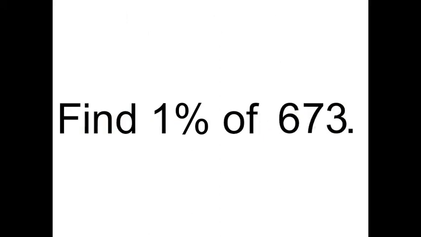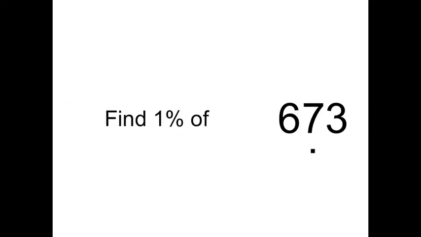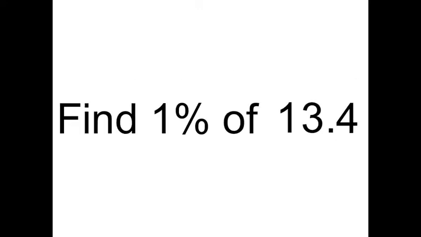So knowing that, what is 1% of 673? Well, based on what we just covered, I'm simply moving the decimal point 2 places to the left. So 1% of 673 is 6.73. 1% of 13.4.